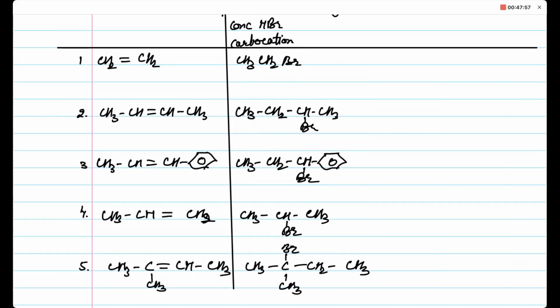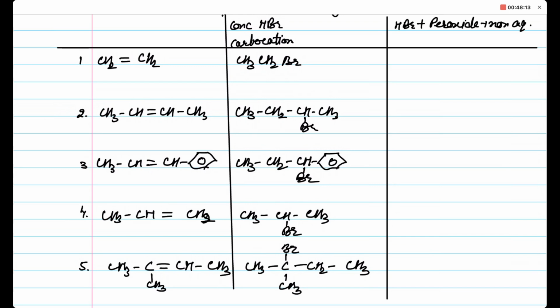Now, the same reaction taking place in presence of HBr, peroxide, non-aqueous medium. This is what we call the peroxide effect or Kharasch effect, and this is a radical mechanism.